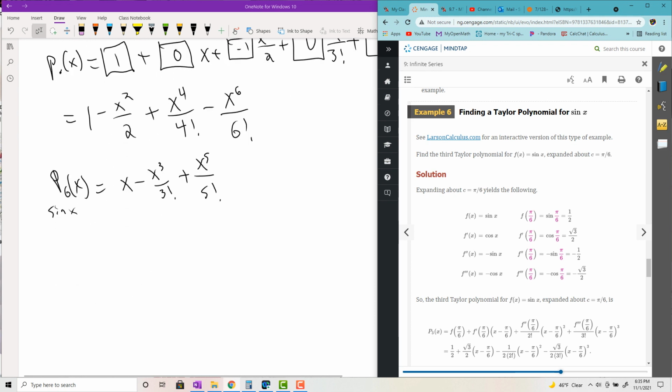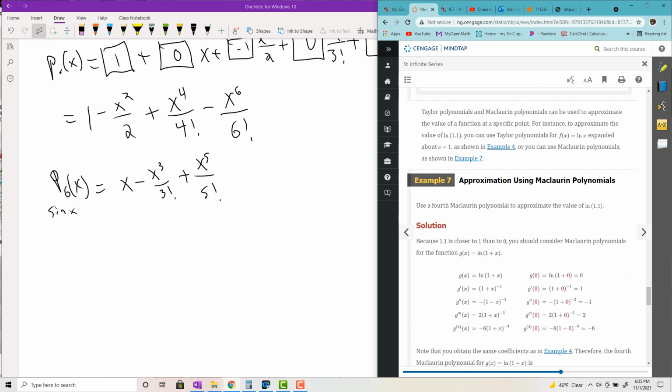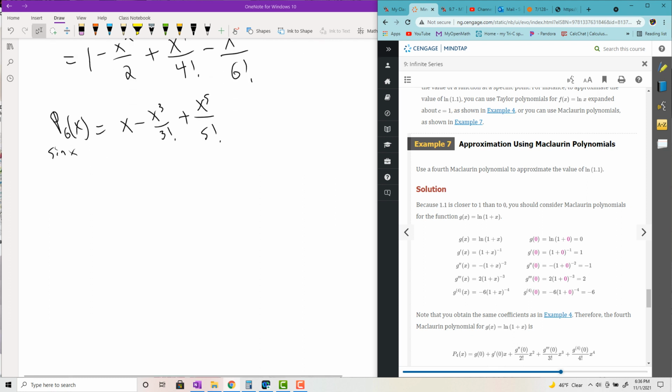Example 6, they're looking for a Taylor polynomial for sine. And you see it's a bit nastier when you're evaluating the derivatives at pi over 6, right? Now, example 7, we're actually going to start doing some approximations of the functions.